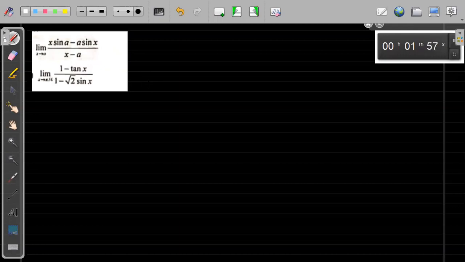Yes, sin a differentiation is constant. Sin a is a constant. Only differentiation of x. This you must have already done. You must have done this simple differentiation in physics, right?